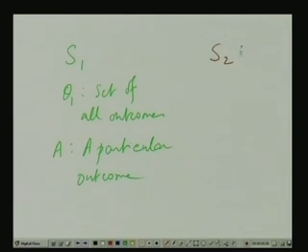Similarly, suppose S2 is given, with theta 2, the set of all outcomes here, another probability space, and B. Instead of calling A an outcome, it will be more general if we say A is an event, that is a set of outcomes, and B also is an event.